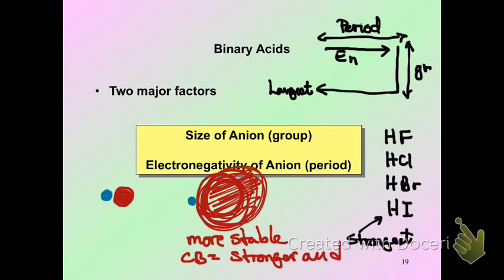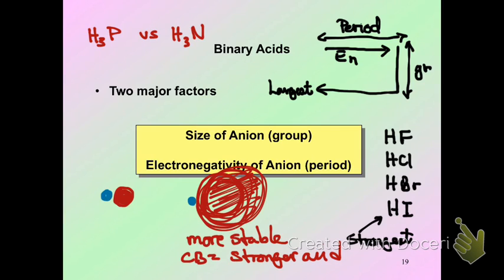Okay, so let's talk. Now, you don't usually think of ammonia as an acid, but in organic chemistry, you can use it as an acid.